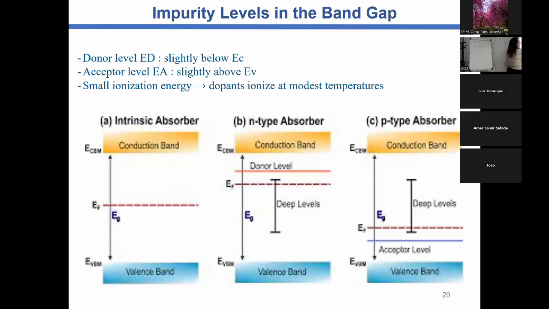And if we dope with some donor, so N type doping, this Fermi energy level will be moved to higher energy than without any doping. And if we dope with P type, it will be moved to lower energy, lower Fermi energy.